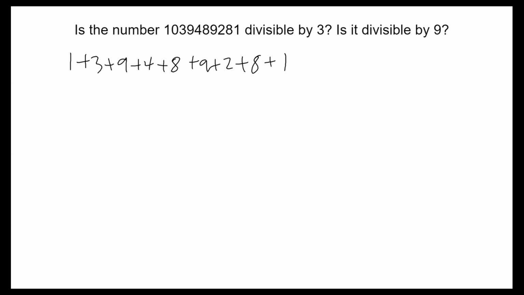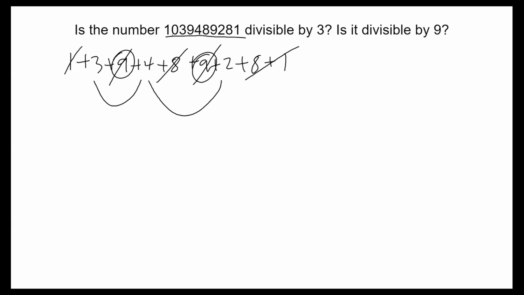If you want to check if it's a multiple of 9, you notice that there's a 9 here and a 9 here, and adding 9 to anything doesn't change its remainder when divided by 9. So you can ignore those. 1 and 8 also combine to a 9, and 1 and 8 here also combine to a 9. So you're just left with 3, 4, and 2, and those add up to 9. So we've confirmed that this number is divisible by 9. And if it's a multiple of 9, then it's definitely a multiple of 3. So the answer is yes and yes.